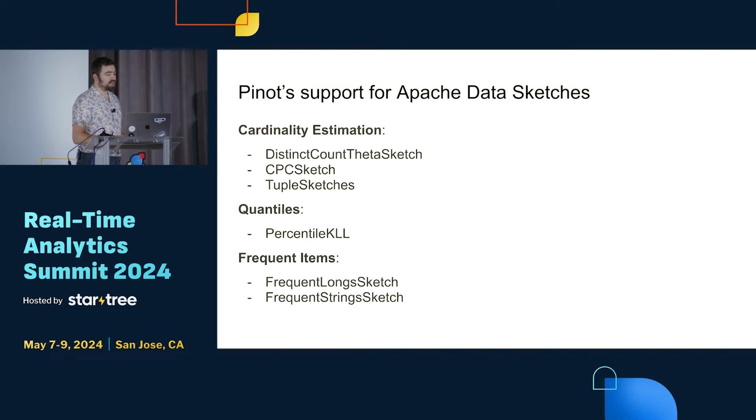We have a percentile KLL function used for estimating the percentiles, and then 2 sketch functions for doing frequent item analysis. There are also other sketch functions in Pinot, not from the Apache Datasketches library, but I won't cover them in this talk, but you will see, for example, UltraLogLog and HyperLogLog are from different libraries.